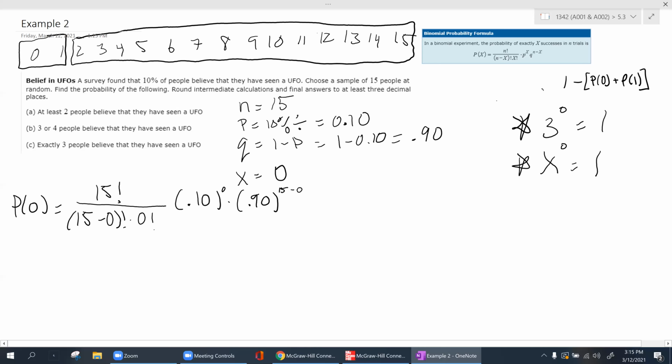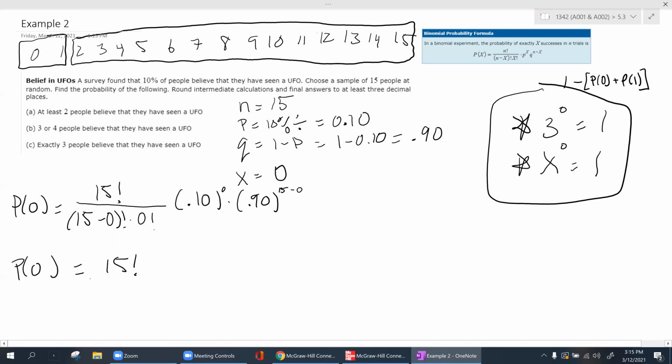So let's remember that, meaning that 0.10 to the 0 is going to be 1. So this here is 15 factorial over 15 minus 0, that's just 15, and that's just 15 factorial. And another thing we said in our last section was that 0 factorial equals 1.